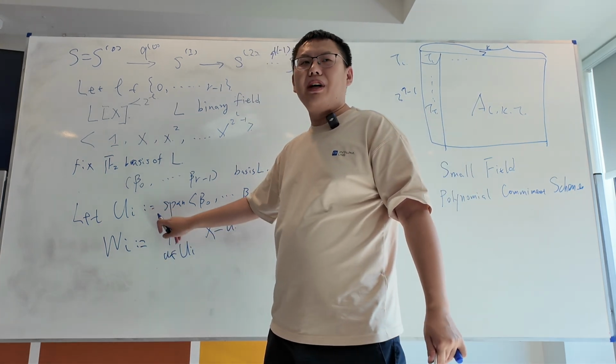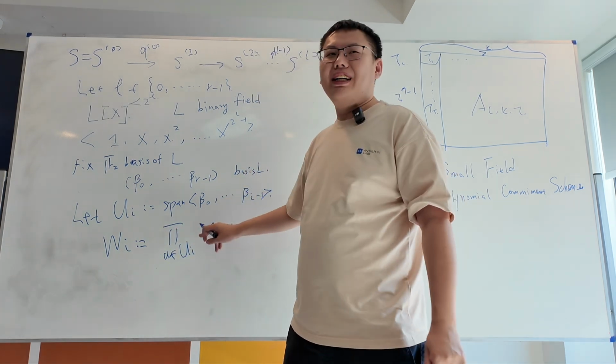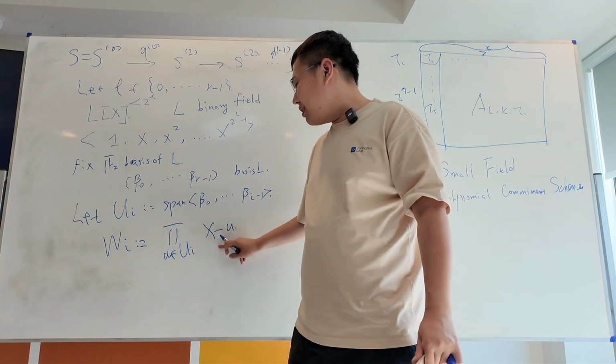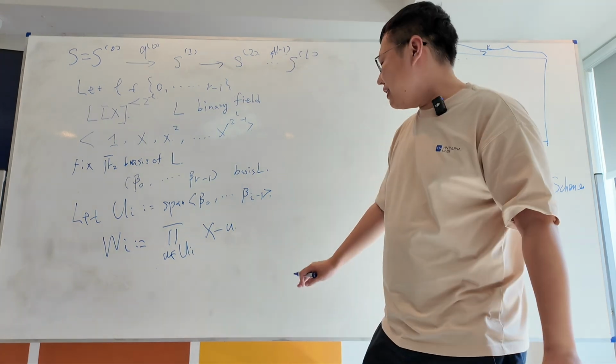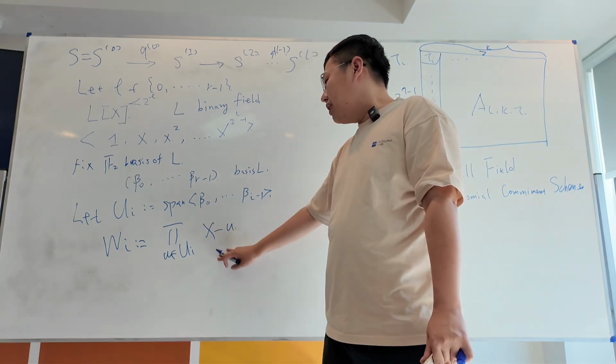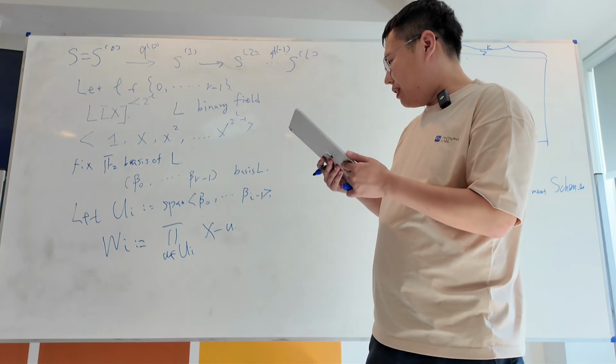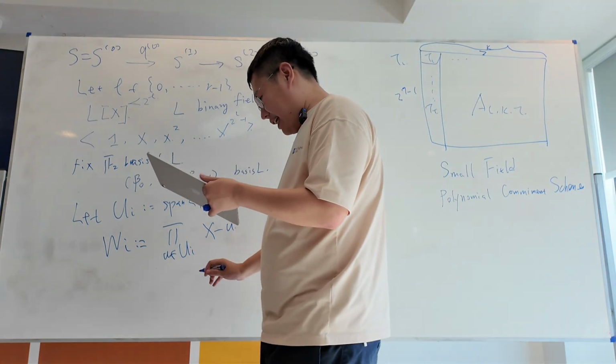If you come from U_i, it will be vanishing on W_i. So just pick everything in U_i and write this down. Effectively, if they come from something here, they will vanish. If they come from something outside here, they will not vanish.